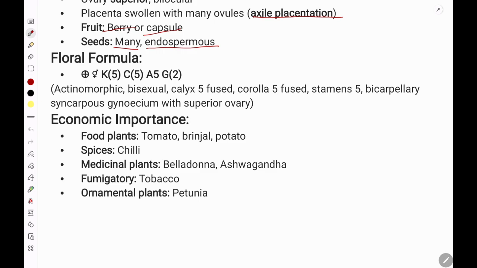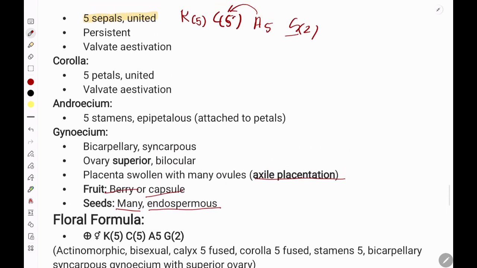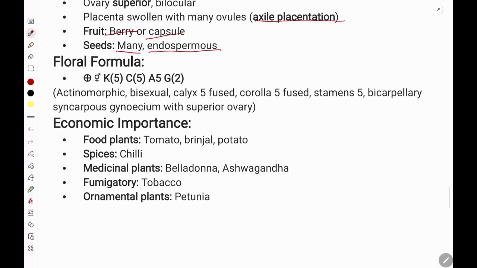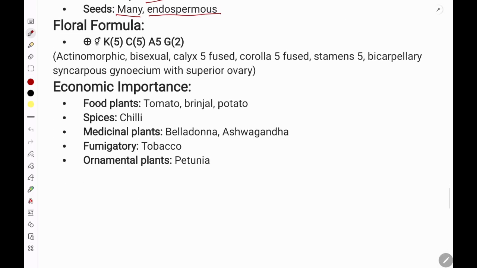This is the floral formula, which is very similar to the one we saw earlier. Lastly, if we talk about their economic importance, they are used as food like potato, brinjal and tomato. They are also used as spice for making chili.